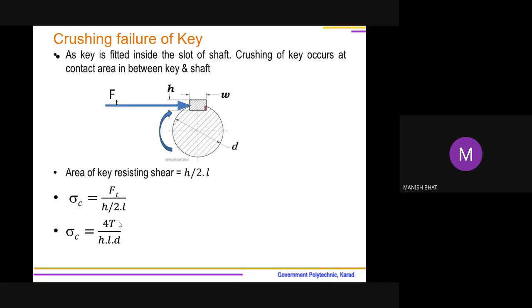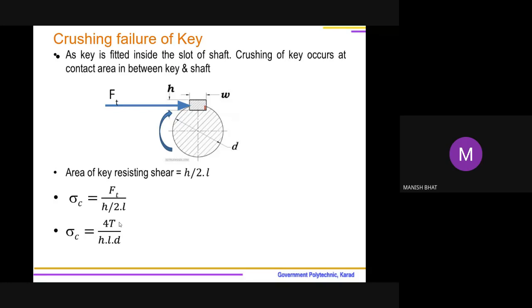Another failure possible with this key is crushing. As the key is placed inside the slot of the shaft, crushing occurs, localized compression occurs, and as half of the key is fitted inside the shaft, this side of the key is subjected to crushing.